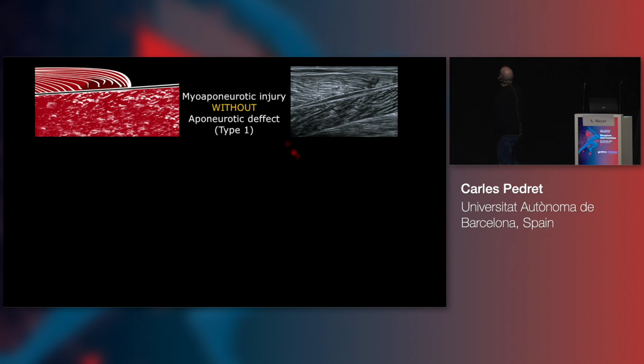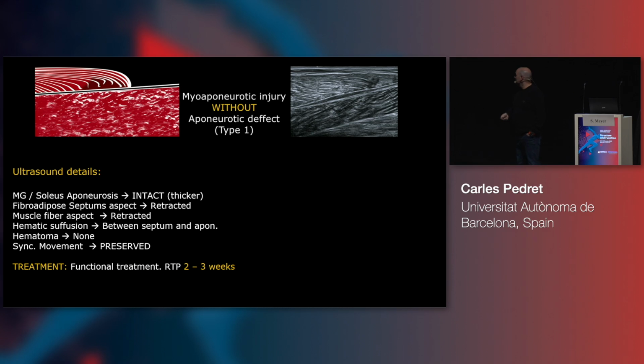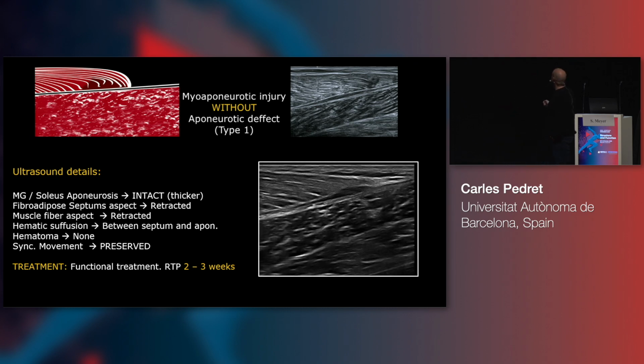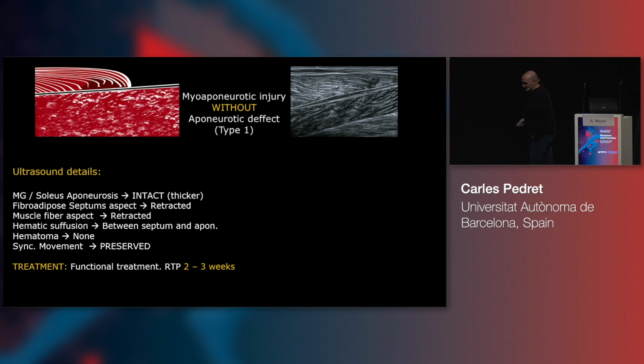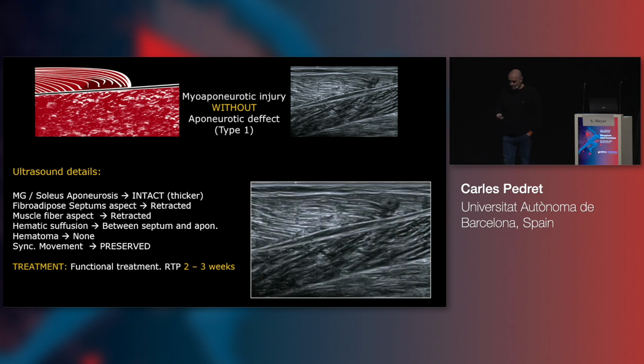We can see some waviness in the muscle fibers, but almost everything is quite correct. Clinically, they settle down very fast, and we only need functional treatment, and the return to play, even for professional players, is around 2 or 3 weeks, okay? What we see is something like that: just a little bit of thickening in the aponeurosis and a blurred aspect of the fibers attaching at that point, like this one.